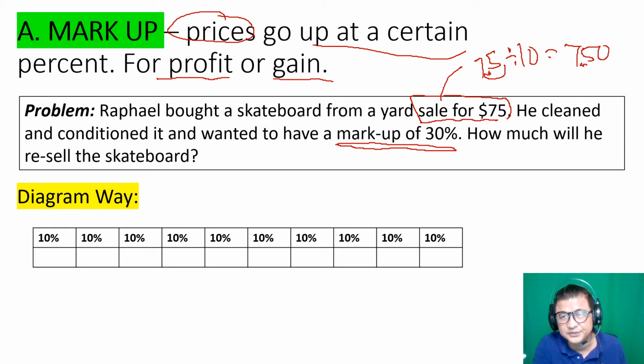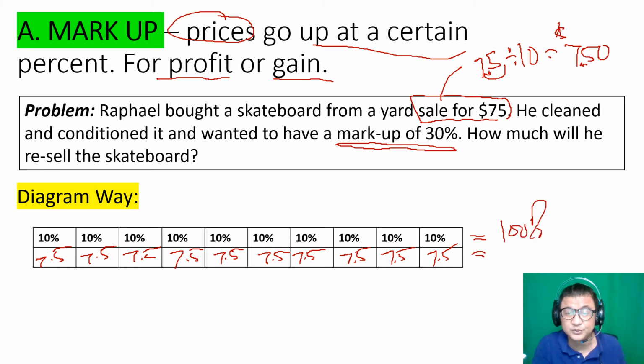So the 10% is $7.50. Each of those 10% is $7.50. If you add all the 10% parts, which is $7.50 each, that's 100%, which is $75.